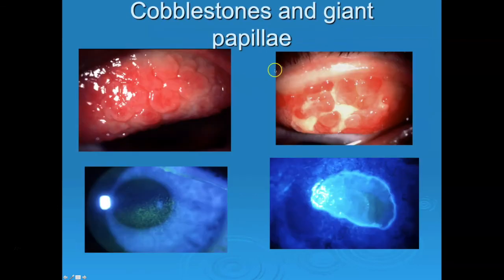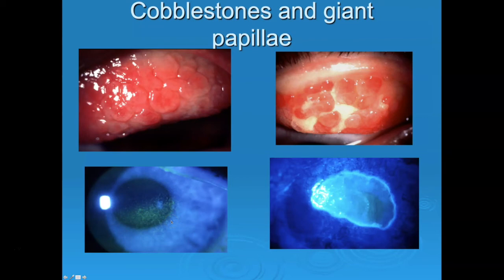At its very worst, it can be associated with these large overgrowths of the B cells in the mucosa of the inside of the upper eyelid, these so-called cobblestones and giant papillae. And they can really cause sight-threatening disease due to the cornea being affected. And you can see here in the bottom left, this cornea is very sick.